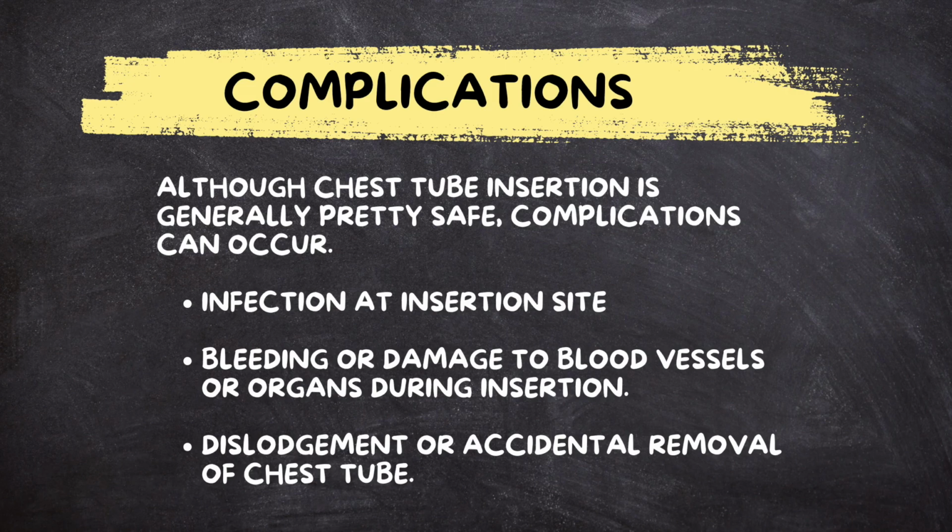Bleeding is a big one because we're putting this into somebody, and most of the time we're having to cut into them. So, bleeding to the vessels around or possibly organs. And think about insertion, depending on how low they're putting that chest tube in.